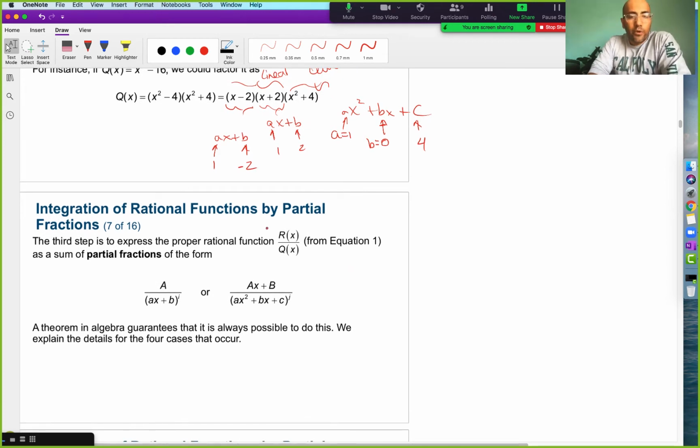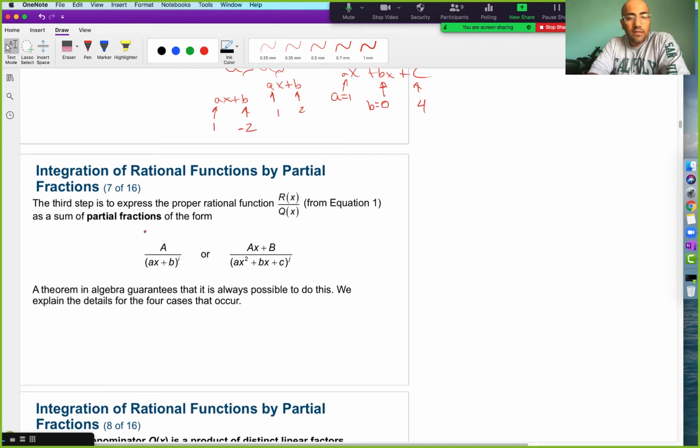Okay, so we're going to be given some sort of rational function. We're going to factor the denominator as much as we can, and then we're going to use partial fraction decomposition to separate it into the addition or subtraction of different fractions. We're going to use the patterns that are suggested in order to do that.